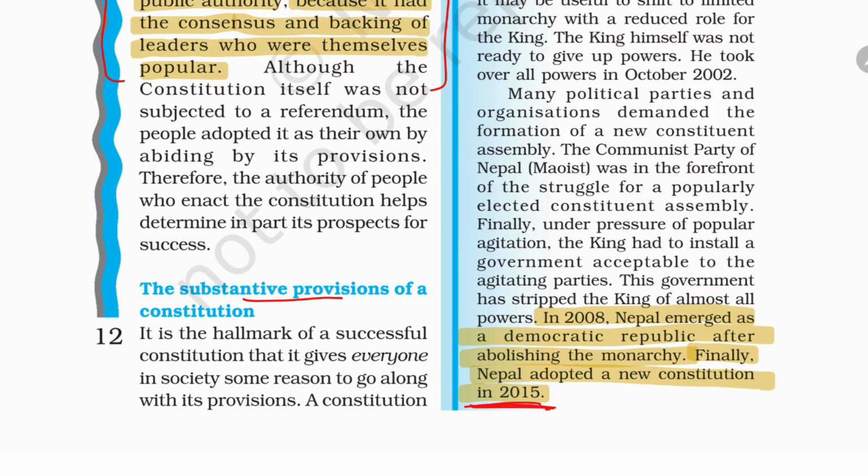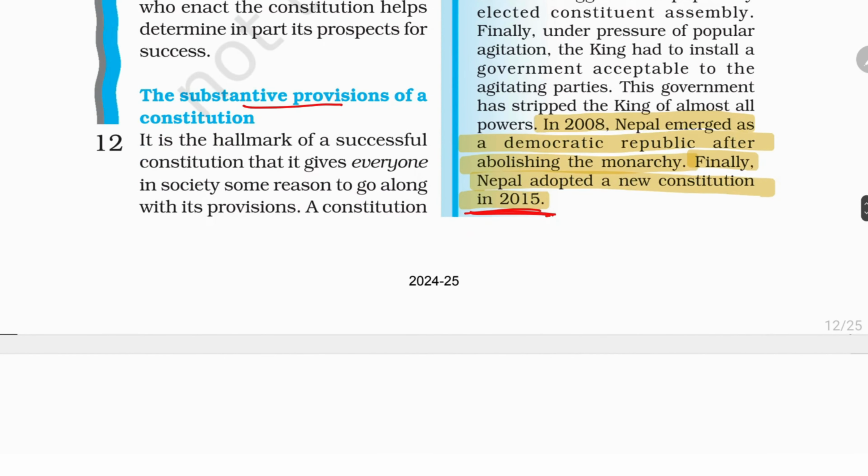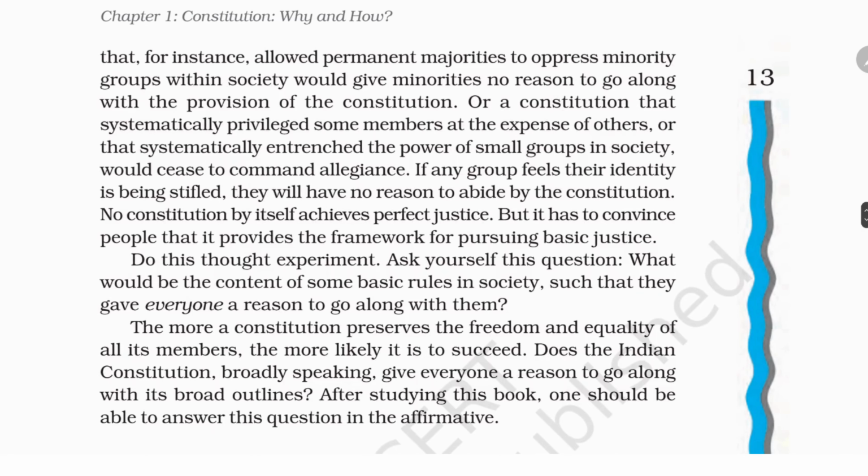The substantive provision of a constitution. It is the hallmark of a successful constitution that it gives everyone in society some reason to go along with its provisions. A constitution that, for instance, allowed permanent majorities to oppress minority groups within the society would give minorities no reason to go along with the provisions of the constitution.